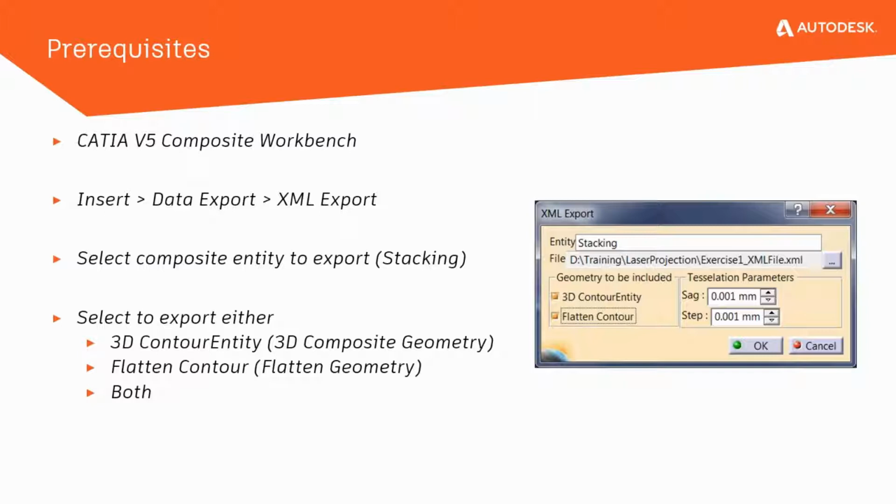However, this is not the only way you can come up with your stacking and your ply definitions in TruPlan. We're going to review creating those from scratch in one of our future presentations. But for now, I wanted to mention that if you have data in CATIA, it's very easy to pull it into TruPlan. If you don't have any data prepared yet, it's a very easy process to create that data within the confines of TruPlan from scratch.